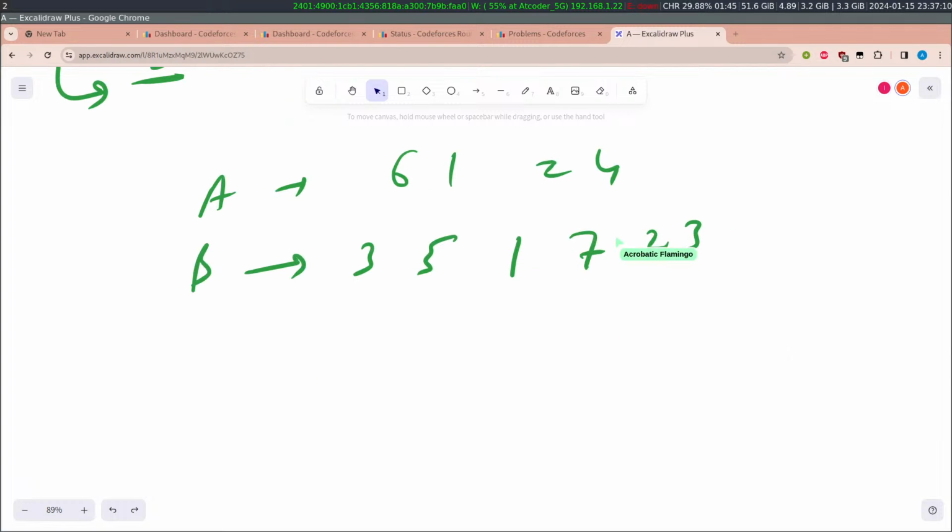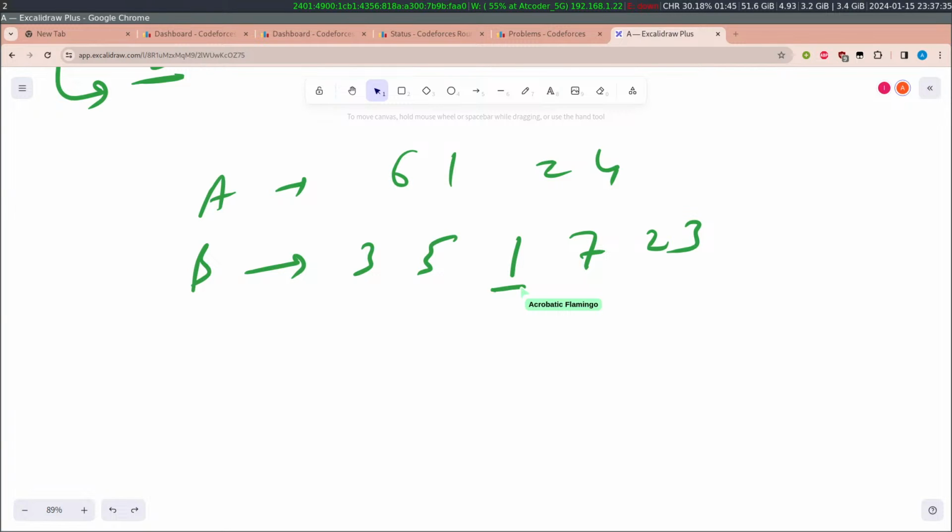So the idea is we have to first select 4 numbers from this. Let's say we have selected 1, 2, 3 and 5.